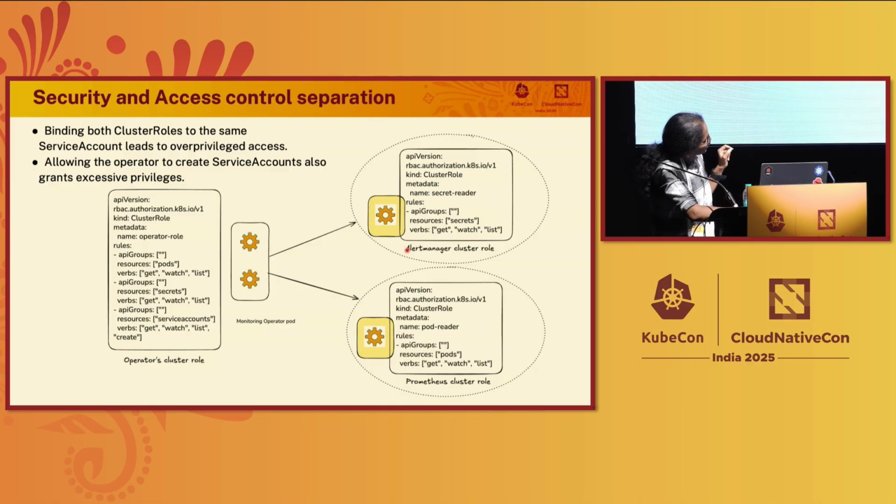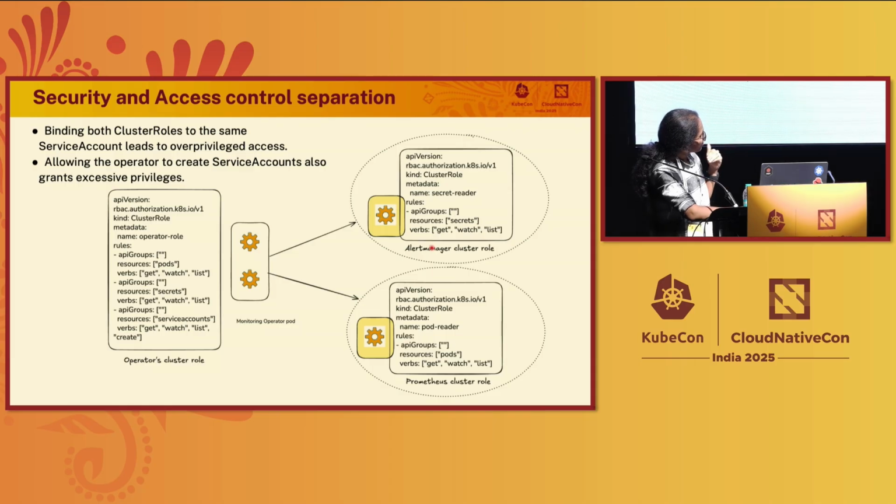So here, let's say we try to deploy both of these using an operator. Your Prometheus would need permissions to be able to watch the pods, list the pods, etc. But your Alert Manager should be able to access the secrets.